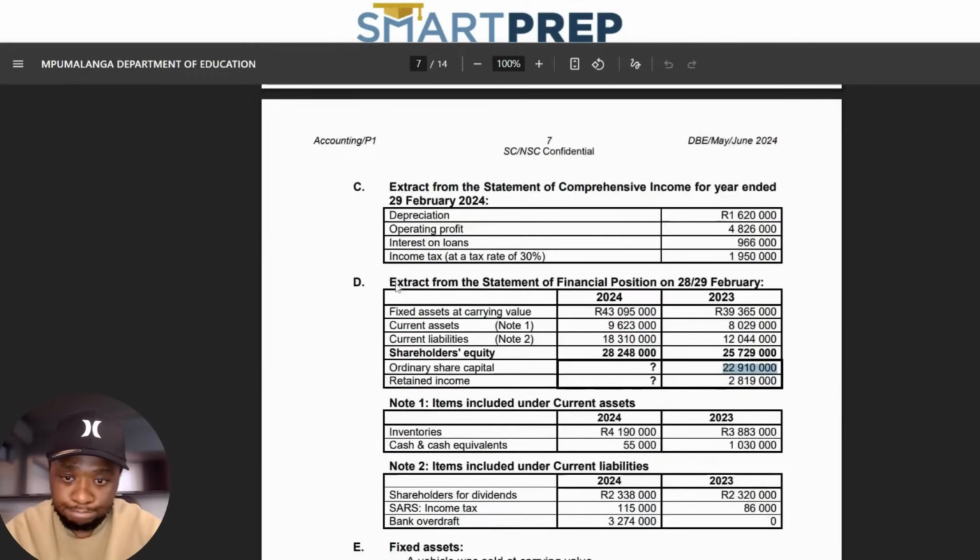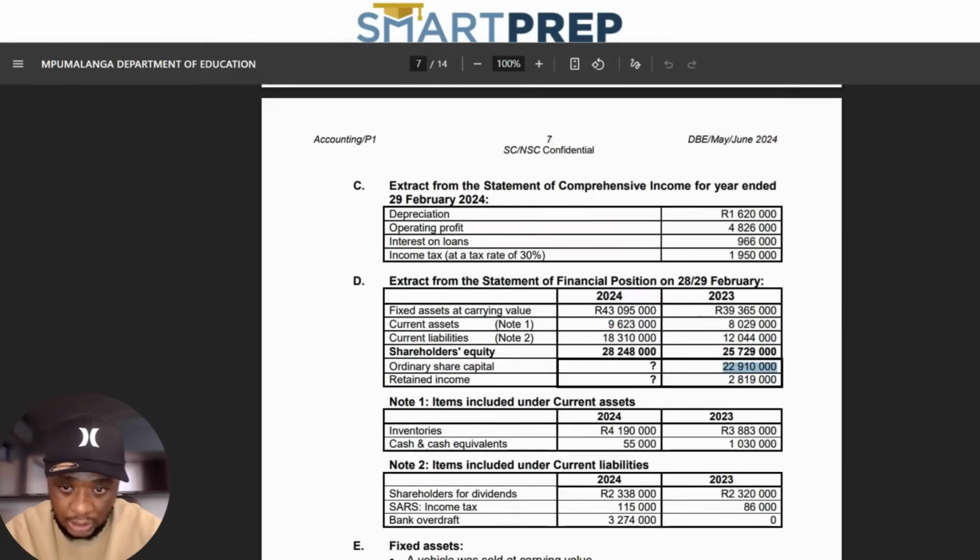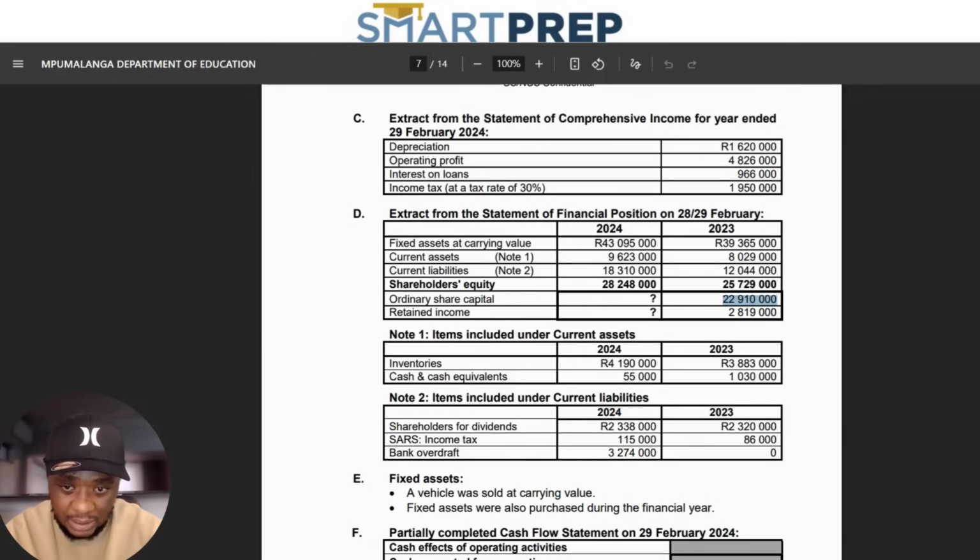Looking here, we have our current assets and current liabilities. Our current assets at the end of the year, you can see, is 55,000. And then if you look at our current liabilities, we have 3,274,000. So basically, we have a negative amount here, because ultimately 55,000 on hand, but then we have an overdraft of 3.2 million.